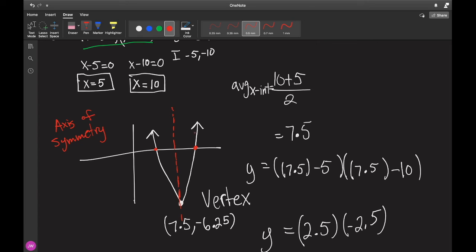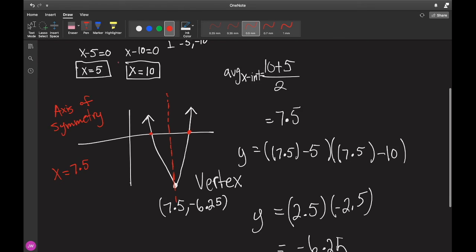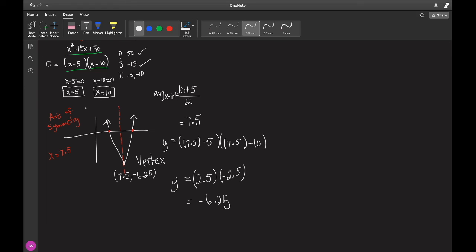Axis of symmetry. So the axis of symmetry is actually the x-coordinate of the vertex. So this is why you can take the average of the x-intercepts, find the axis of symmetry point, which is also the x-coordinate of the vertex.